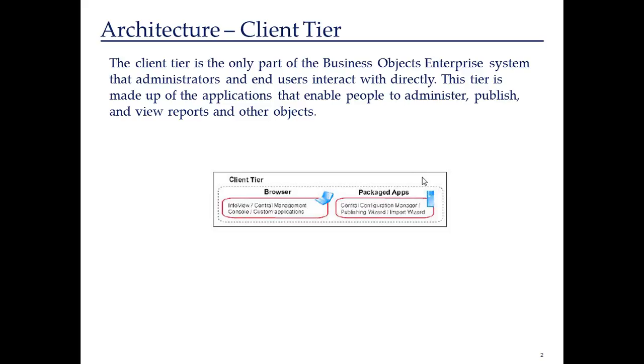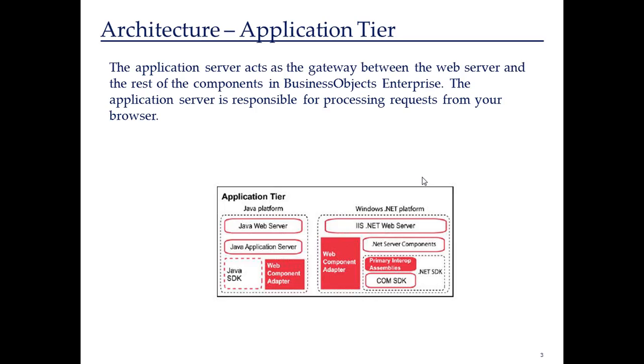And the second layer is application tier. So for this business objects application, at the time of installation, you can choose which web server you want to use, Java or .NET. In order to use Java platform, you need to configure Tomcat, and in order to use .NET platform, you need to configure IIS.